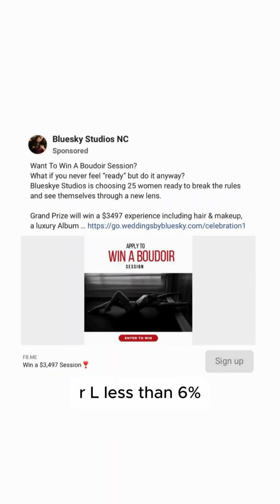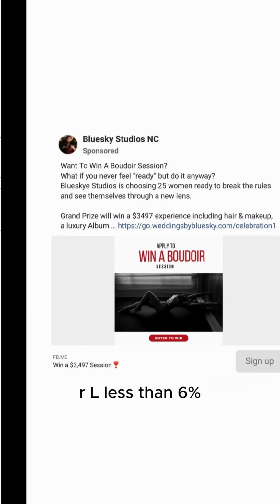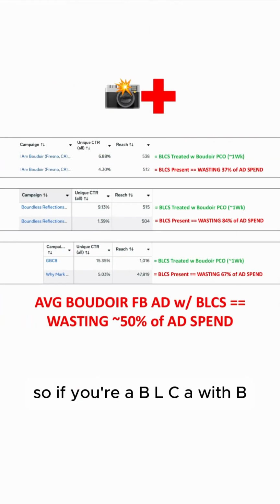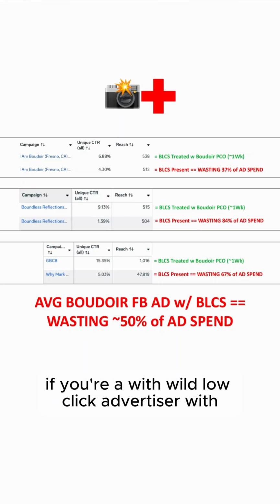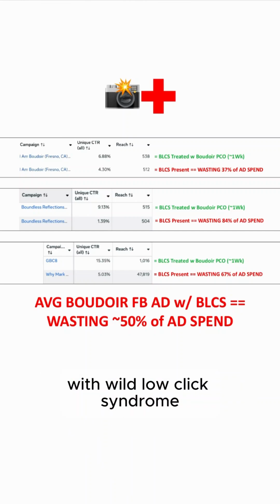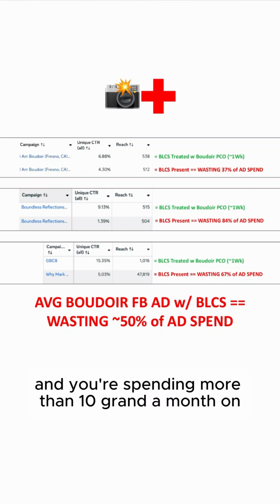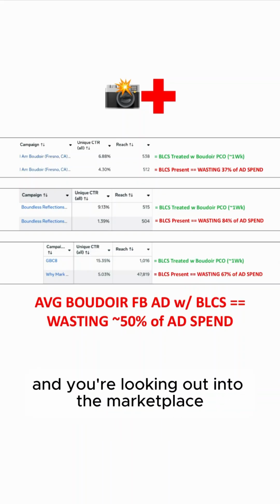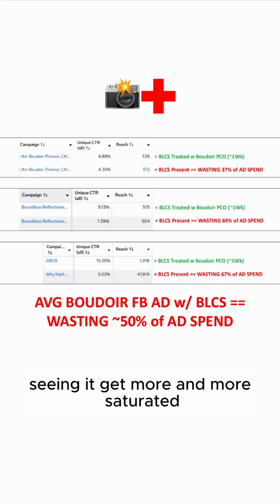Because of its unique CTR less than 6%. So if you're a BLCA with BLCS, if you're a Boudoir low click advertiser with Boudoir low click syndrome, and you're spending more than 10 grand a month on Boudoir Facebook ads, and you're looking out into the marketplace, seeing it get more and more saturated.